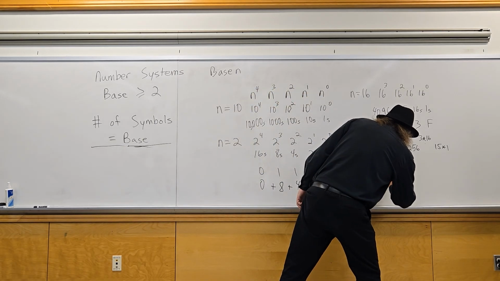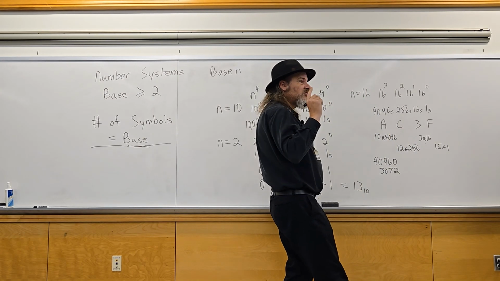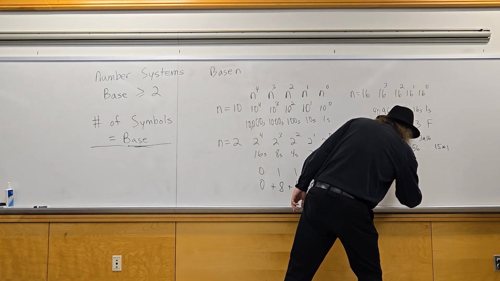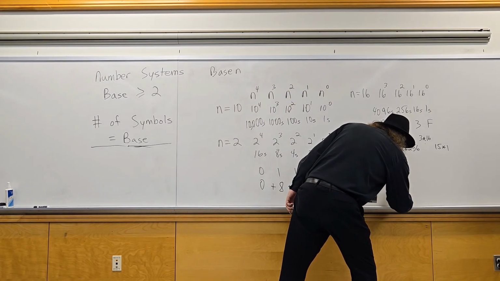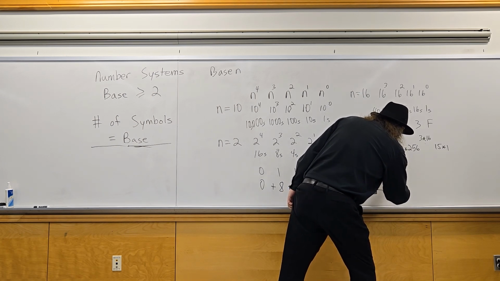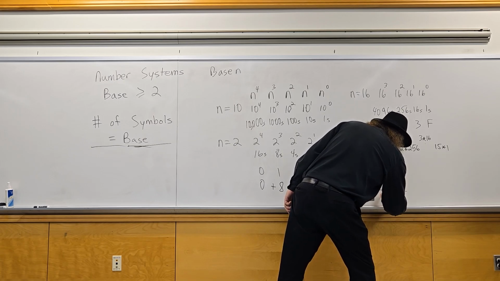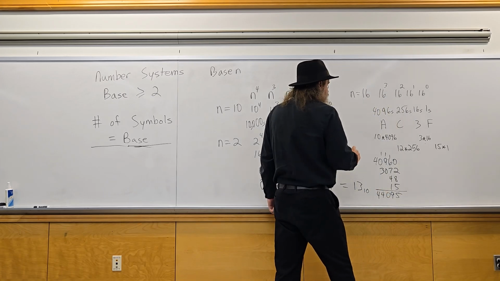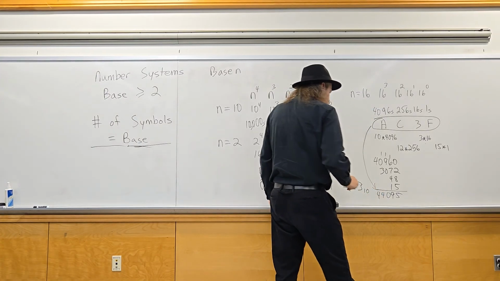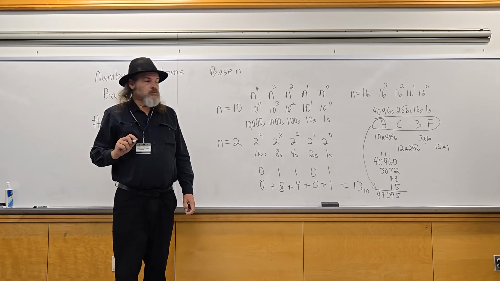That's right. So 3072 plus 3 times 16 is 48. And 15 is, so this number here in decimal is 44,095. Okay?